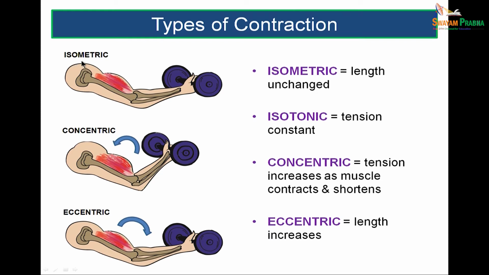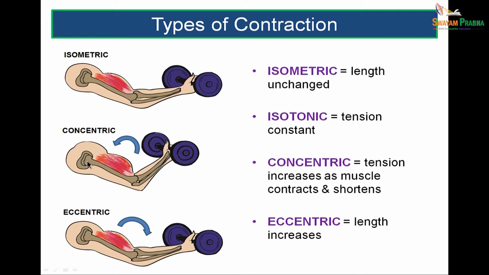Iso meaning unchanged and metric meaning length. Isotonic contraction is where the tone remains constant and doesn't change, which is further divided into two types, concentric and eccentric. In concentric, the tension increases as the muscle contracts and shortens, whereas in eccentric, the muscle length increases.